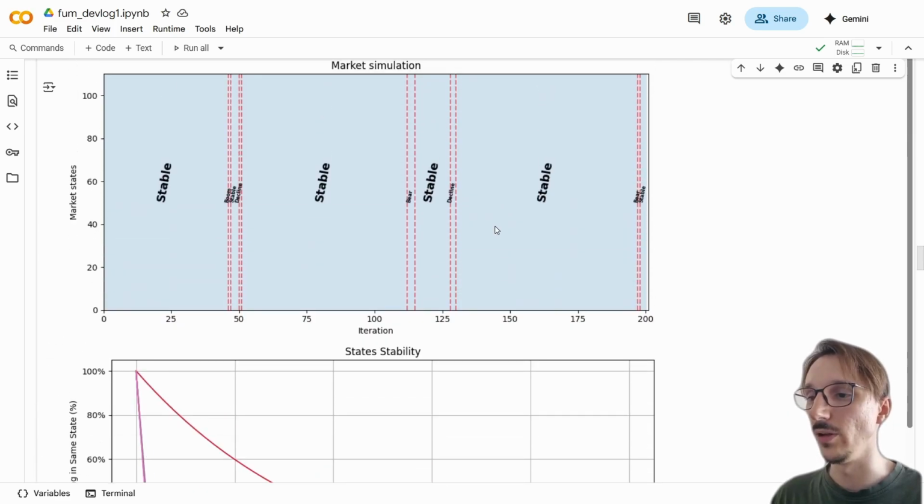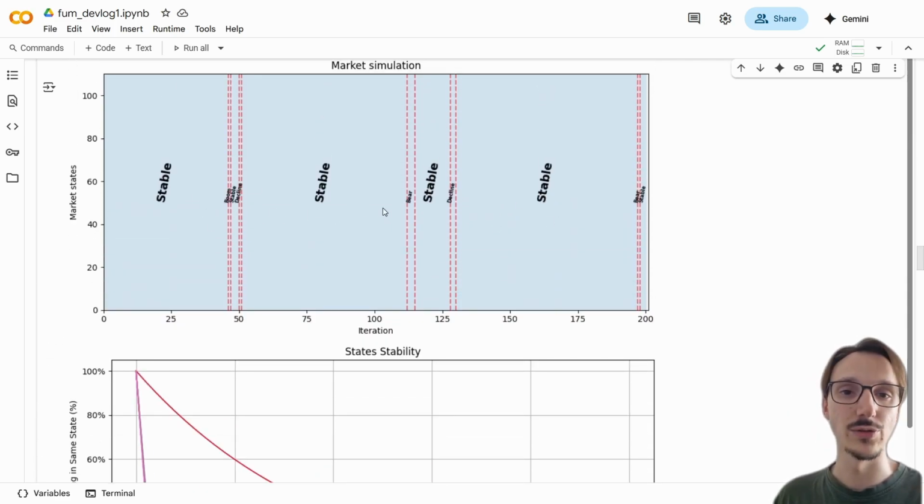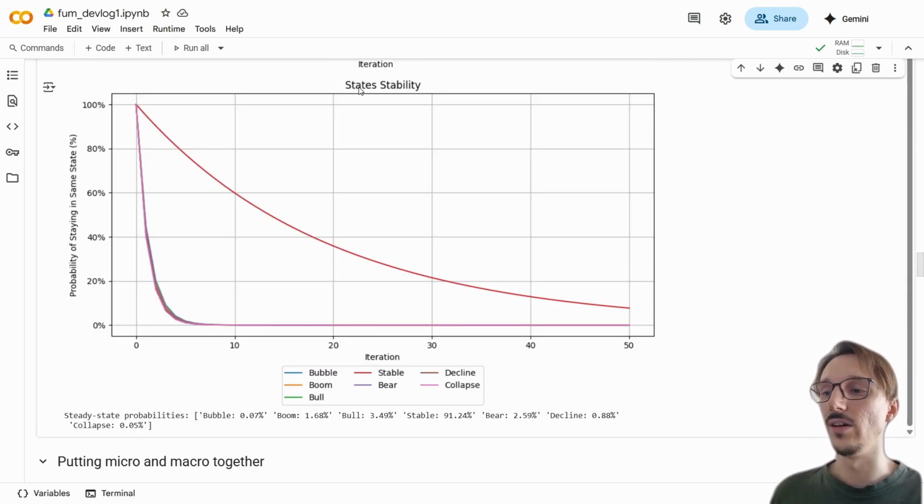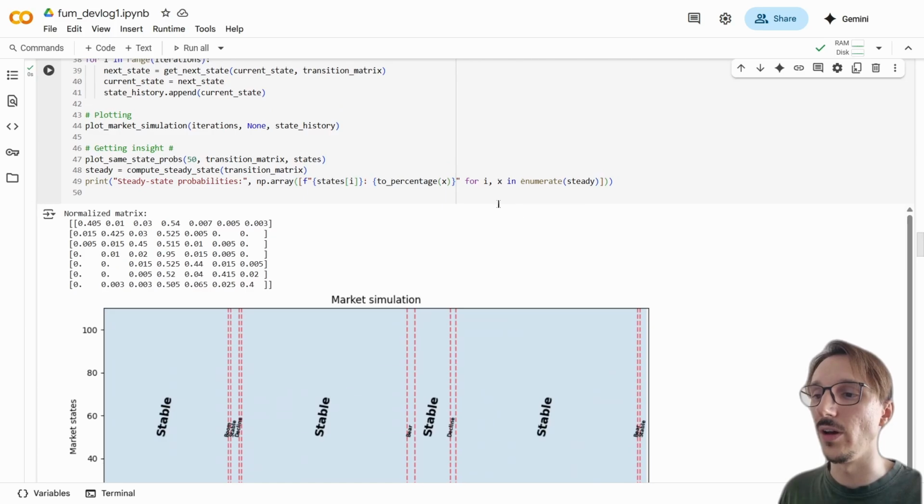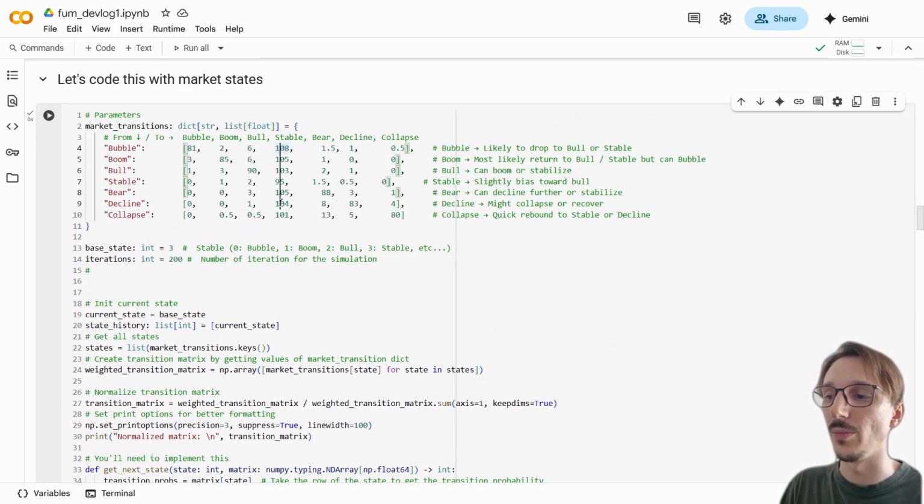And if we look at the simulation, it looks true. So you can see that the state stability and the steady state are two insights that complement each other. One tells you how likely a state will stay, and the other one tells its overall presence. And it's very useful to get a grasp on what happens when you put these numbers here.